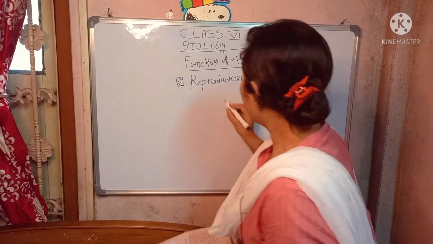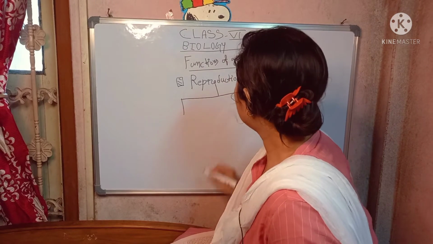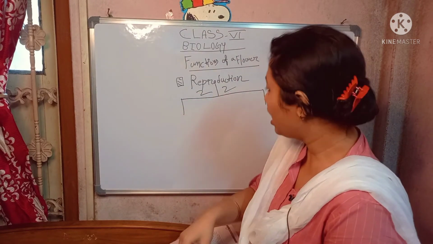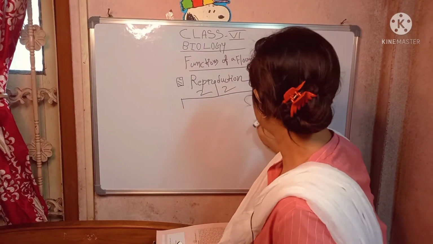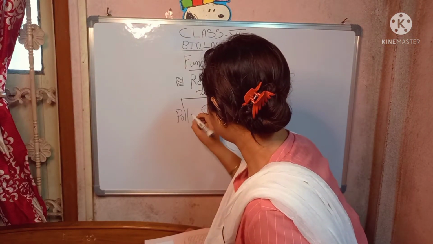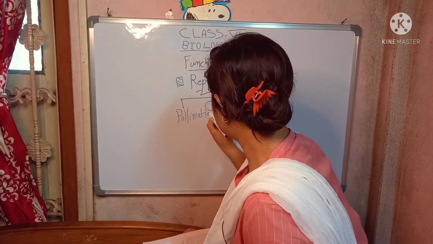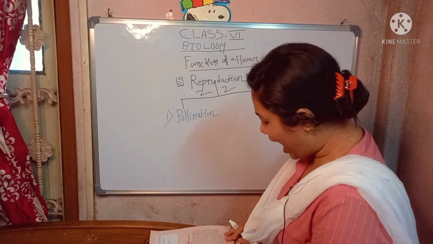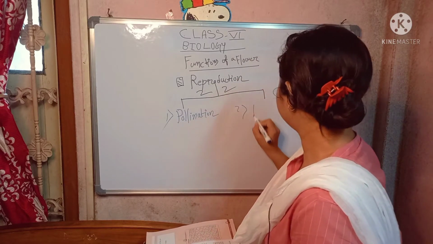So, students, make it clear that reproduction has two steps: first step is pollination and second step is fertilization.